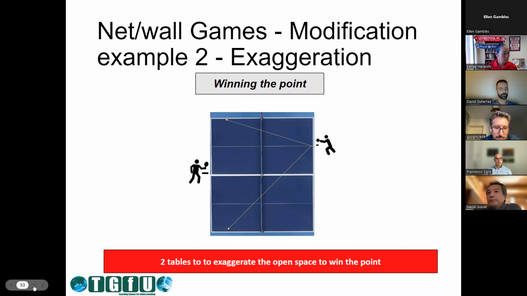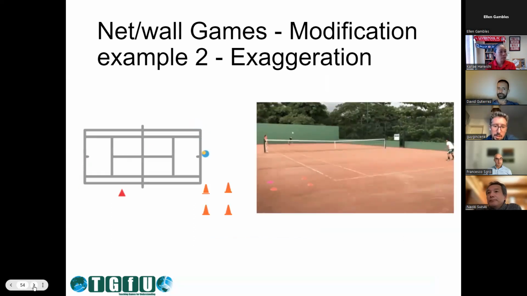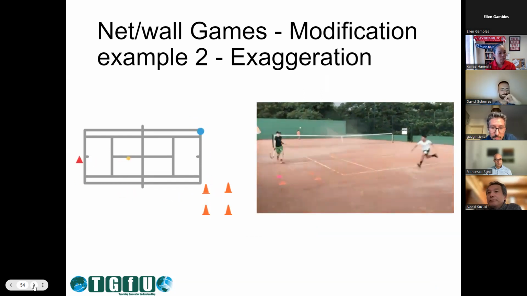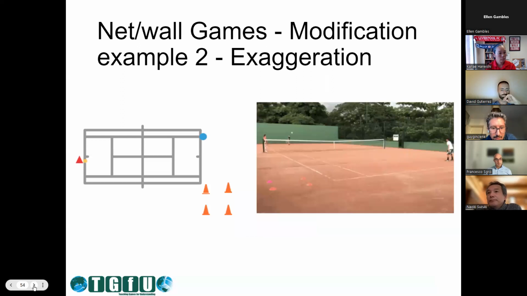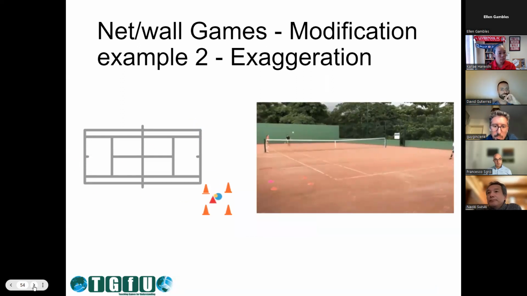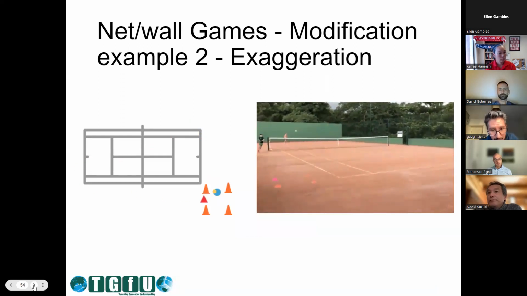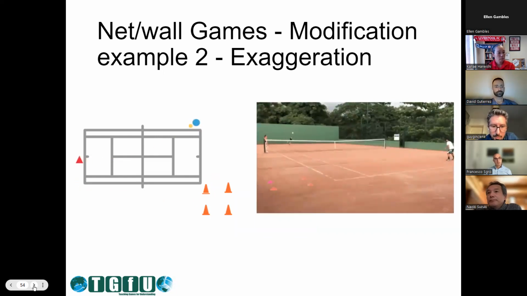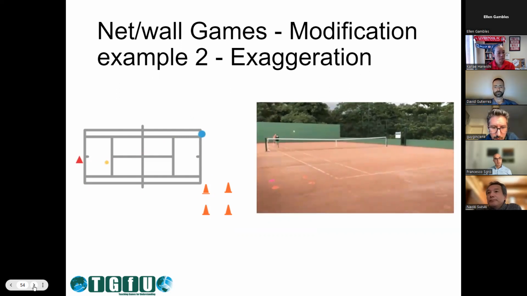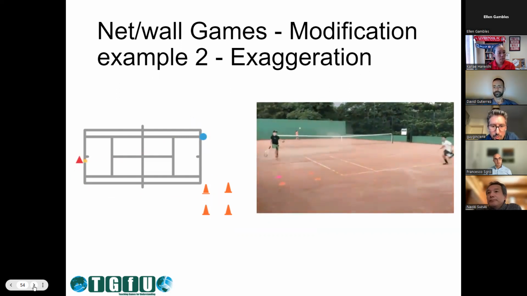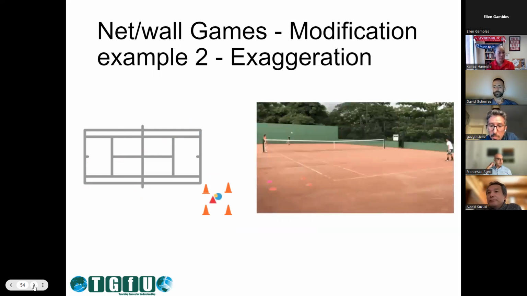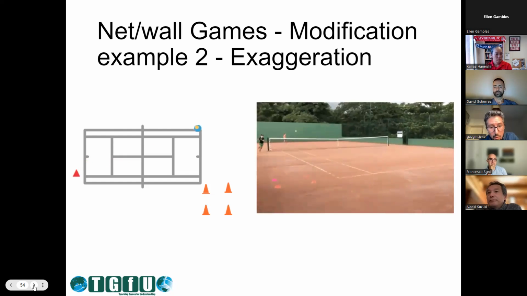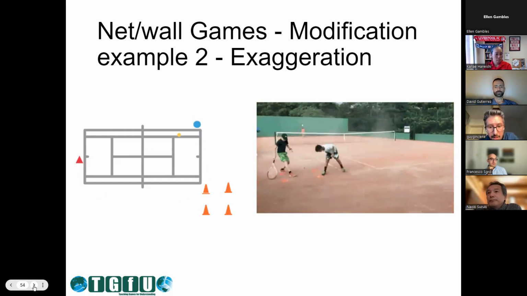The next slide, please. In this other example, athletes need to create space with the serve. It is worth noting that this is a more difficult game, but it was used with more advanced students, young tennis players. The goal was to serve wide in order to make it difficult for the receiver to return, who should catch the ball with his hands.